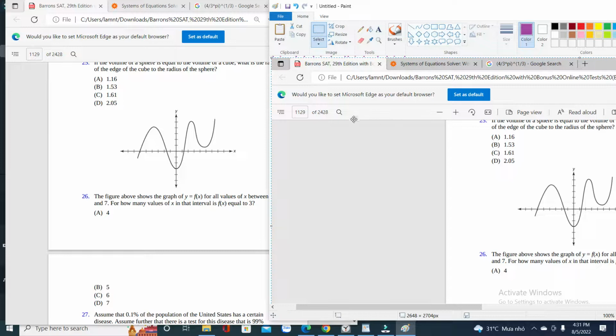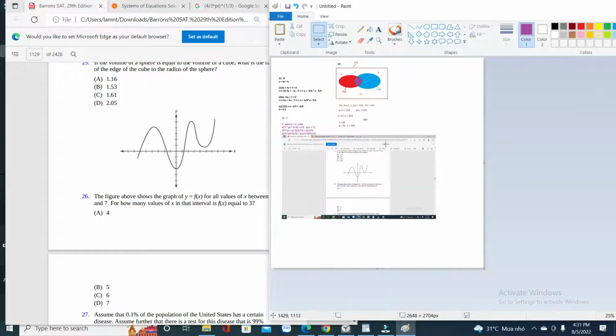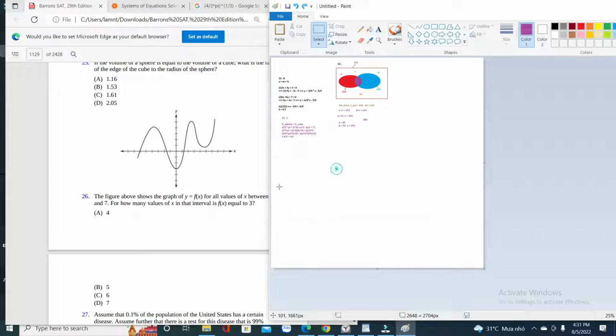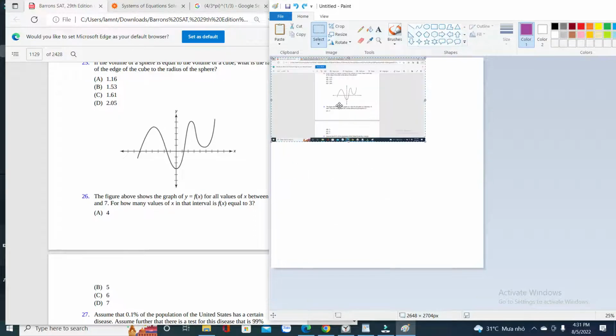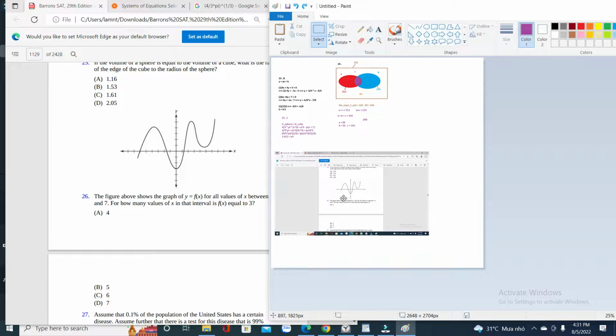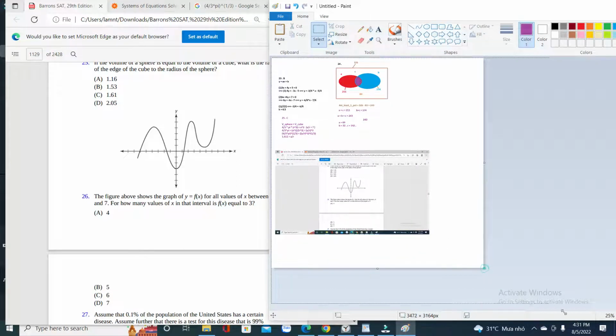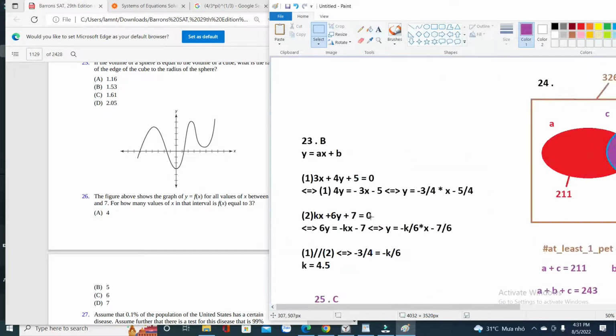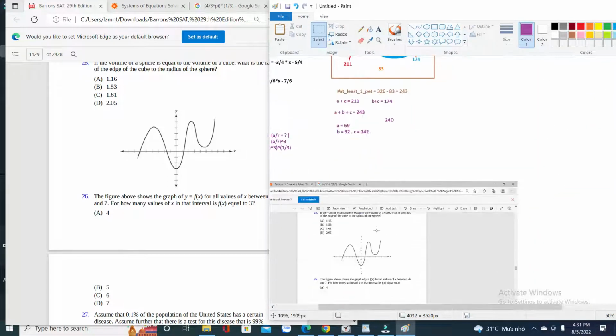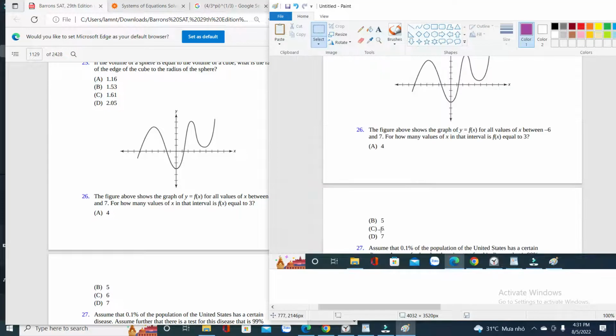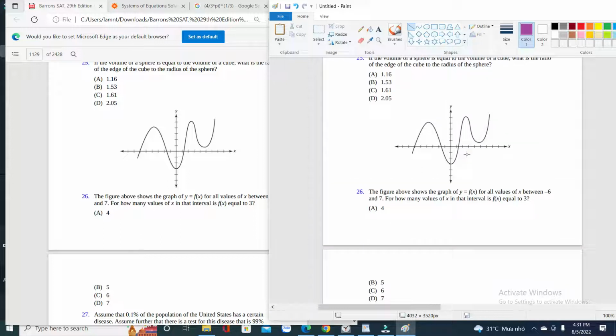Okay, so this is the absolute value of f(x) equal to 3.